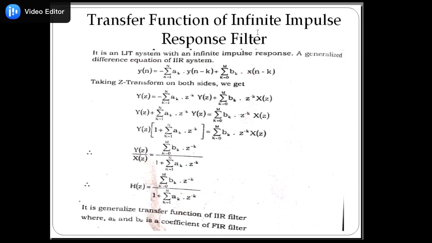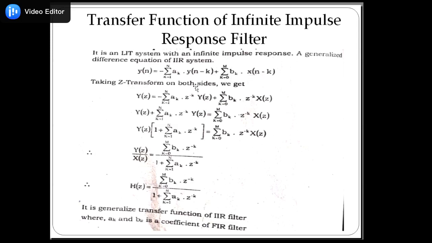Then the transfer function of an infinite impulse response filter. It is an LTI system with infinite impulse response. A generalized difference equation of an IIR filter: y(n) = minus summation k = 1 to N a(k) y(n-k) plus summation k = 0 to M b(k) x(n-k).